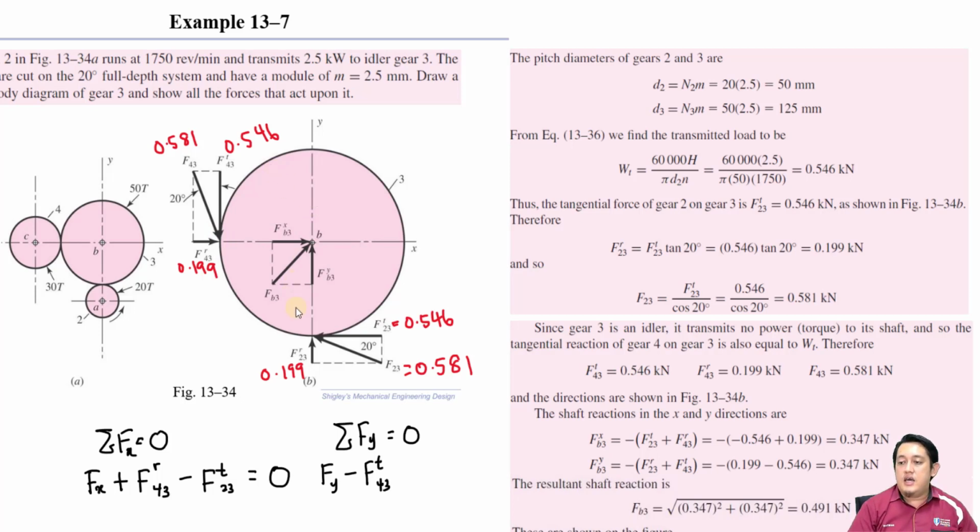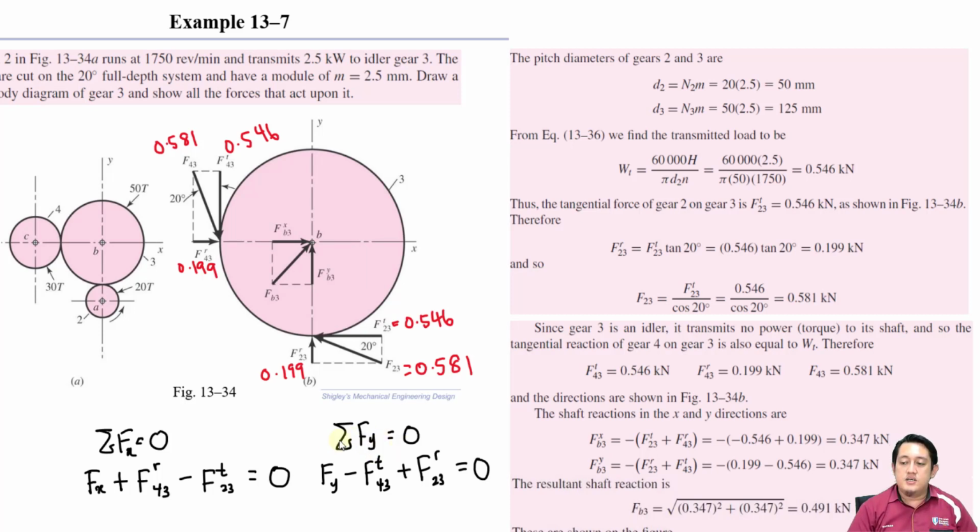Then the other force pointing in the y direction is Fr to 3, so positive Fr to 3, equals 0. So this is the force equilibrium.